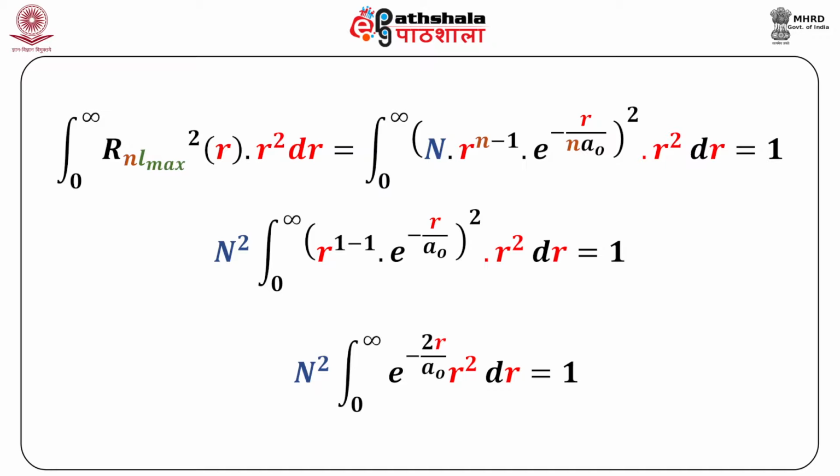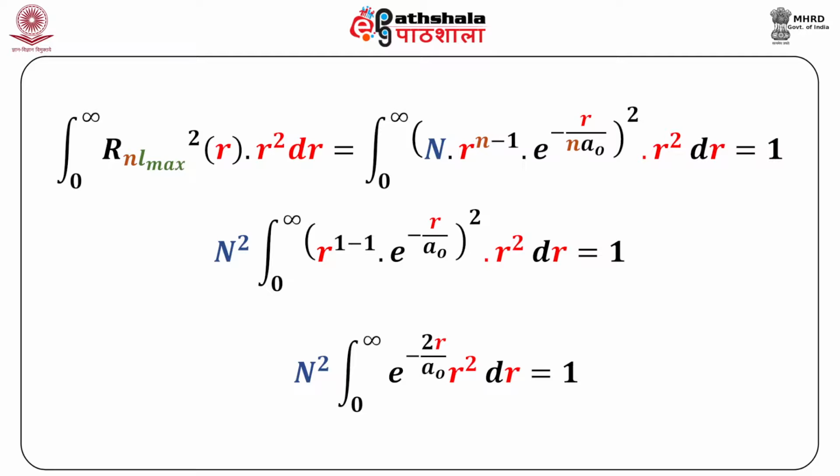Now applying the normalization condition, which is just that the integral of the square of the whole function should be equal to 1, we solve this equation. For the hydrogen atom n is 1 because the electron is in the ground state, and correspondingly L is 0.